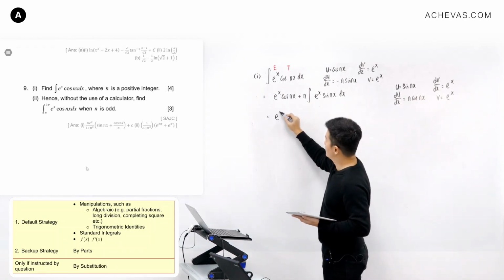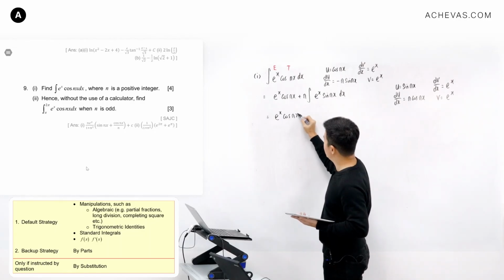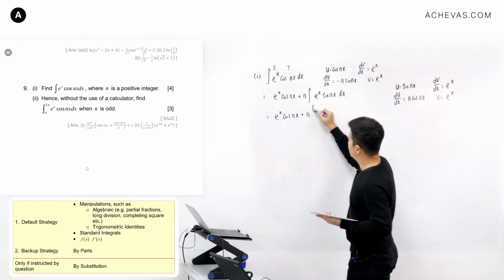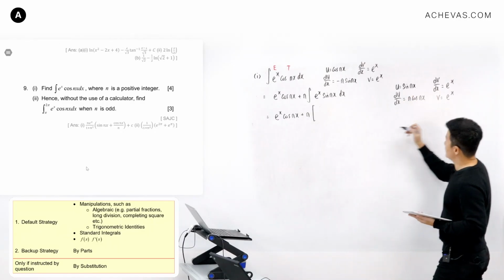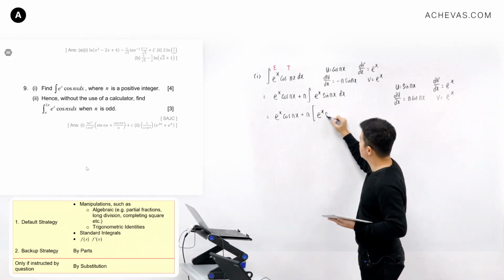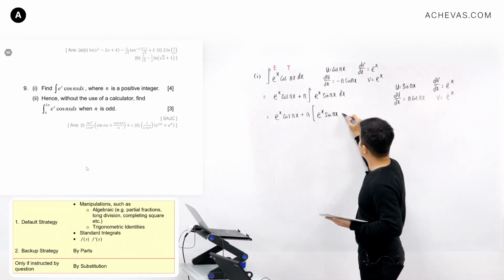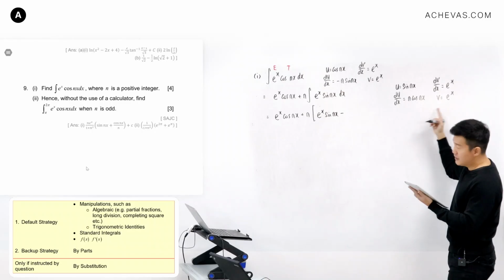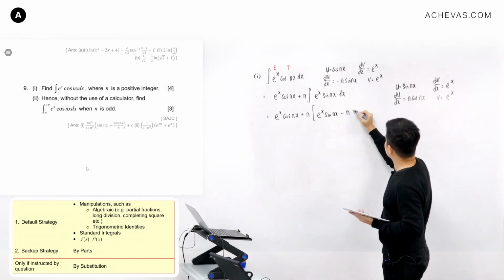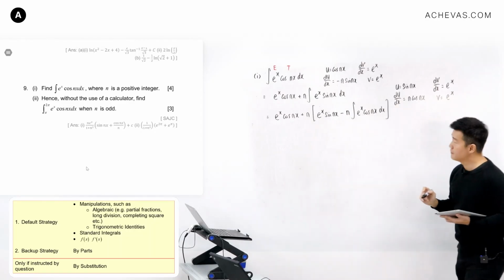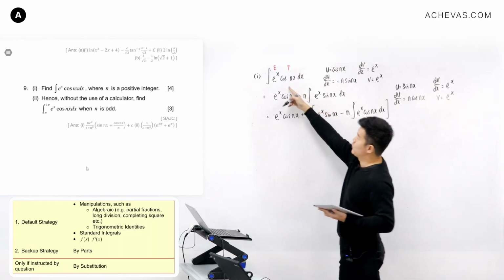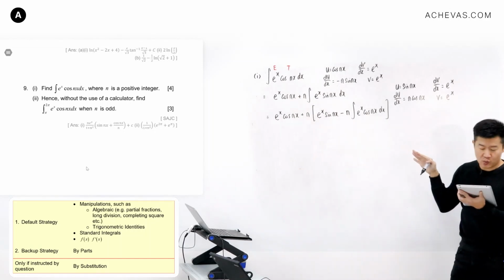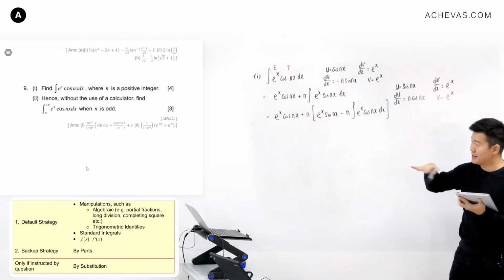So this is e to the power of x sine nx minus integration of v du dx, which is minus n integration of e to the power of x cosine nx dx. And this is where it starts to repeat again. Let me just rewrite this into one full, side by side.